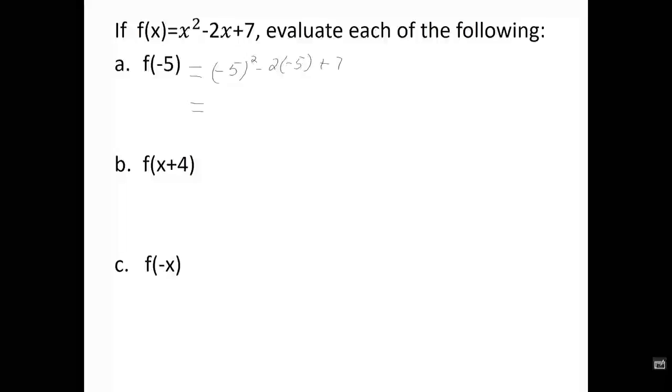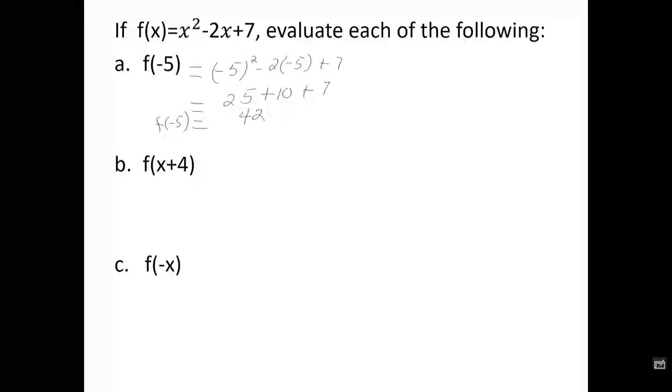Negative 5 squared is 25. Negative 2 times negative 5 is positive 10, plus 7. 25 plus 10 is 35, plus 7 is 42. So f of negative 5 is 42.